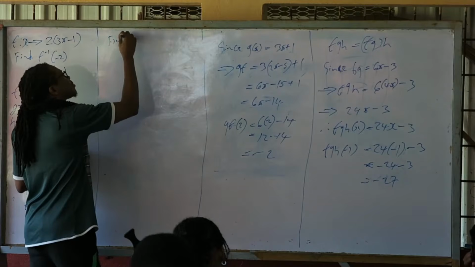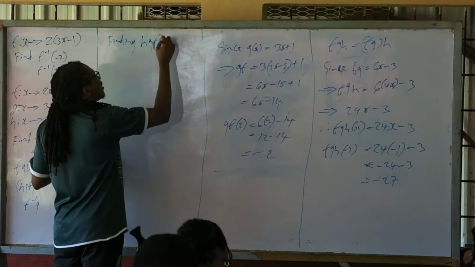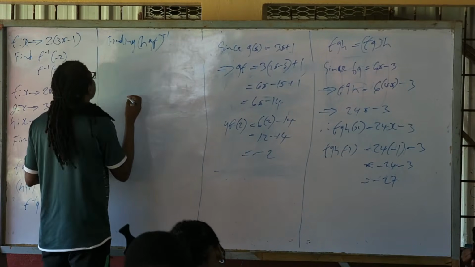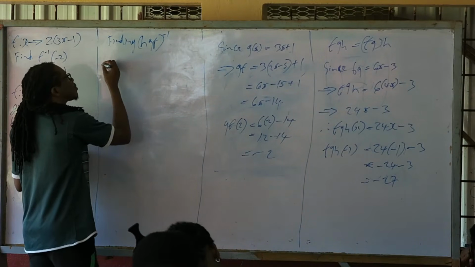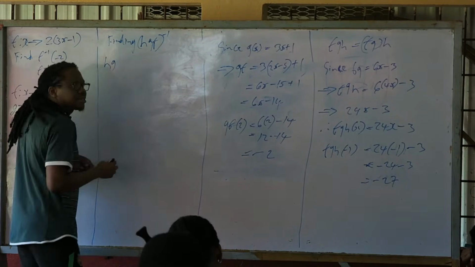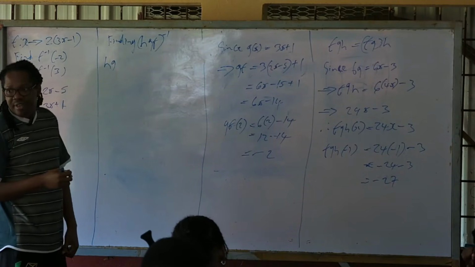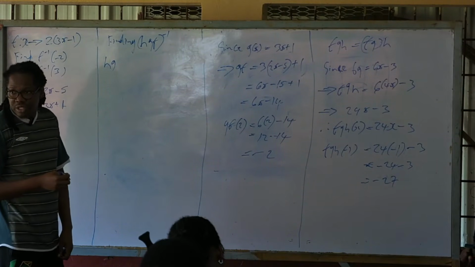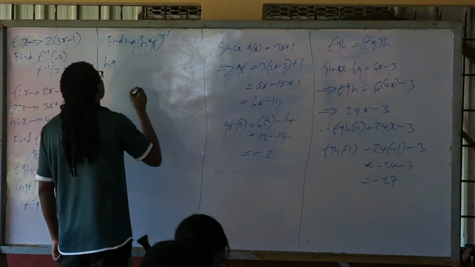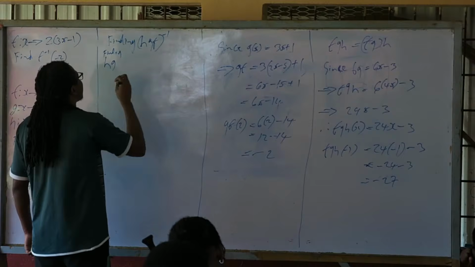Finding h of g of f inverse. h of g, because h of g of f is h of g bracket f, right? So we go h of g. Finding h of g.